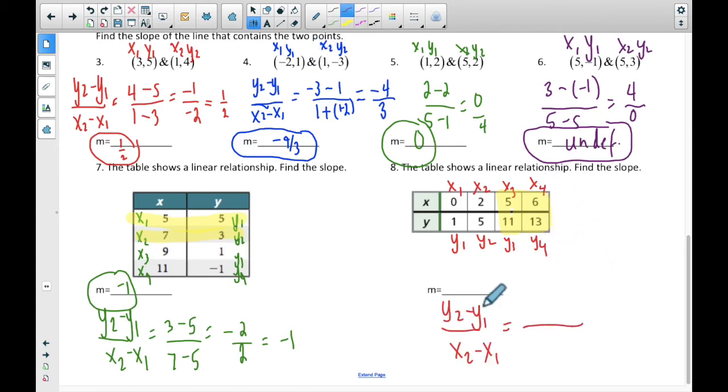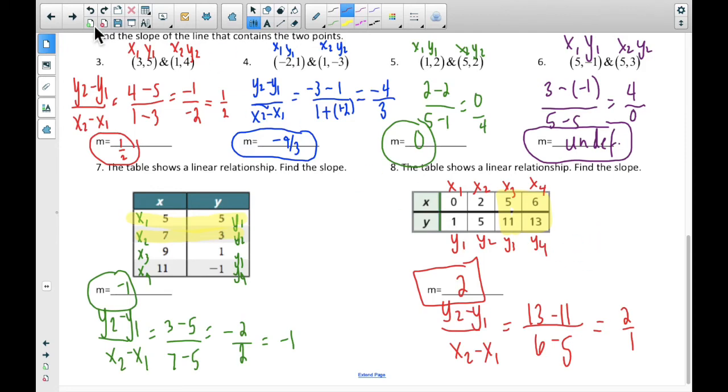So y sub 2 minus y sub 1, I'm going to start with a 13 minus 11. And up here, if I go 13 minus 11, I have to go 6 minus 5. You have to go in the same order with your x's as you do with your y's. So this is 2 over 1, so the slope here is 2. And again, if I had done any of them, I would have come up with the same thing too.